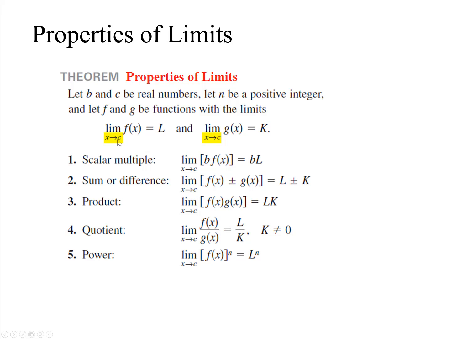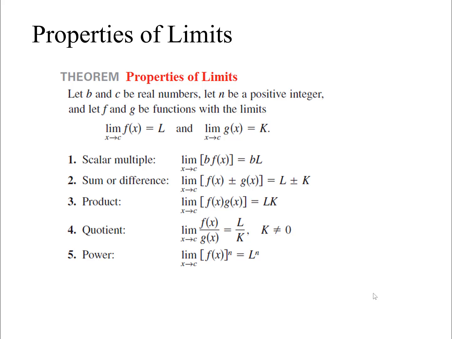In other words, the limits are approaching the same value of c. So what we're saying is the limit as x approaches c of f of x exists and it's L. The limit as x approaches c of g of x exists and it's k. Well, in this case, this really says f and g are nicely behaved at c, or nearby c really. And what we get are the 5 following nice theorems.